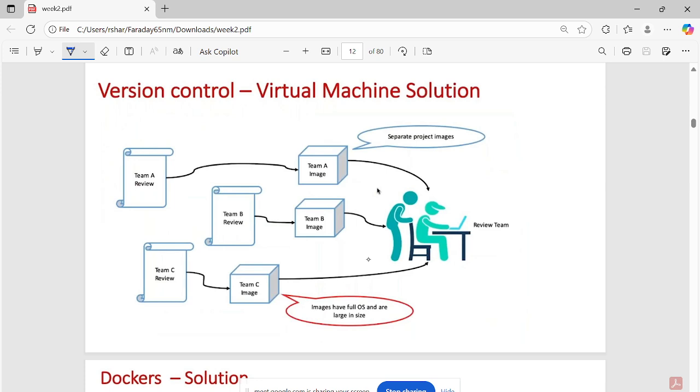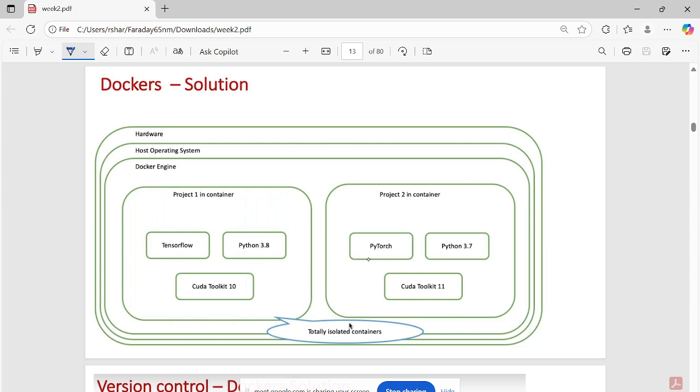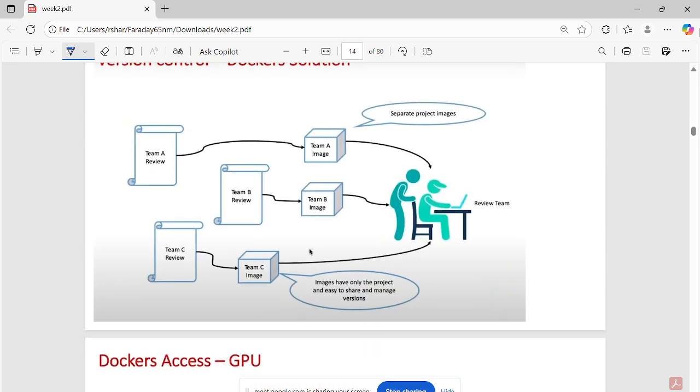So the solution here is again Docker. Say team A has a separate image file, team B has a separate image file. So the review team, the only thing is these images, if they have a full OS, then it will be larger in size.